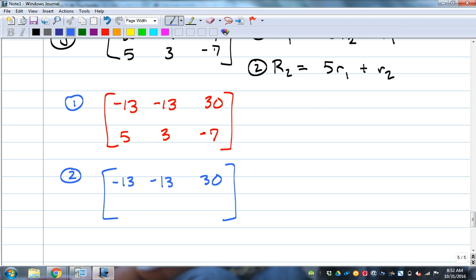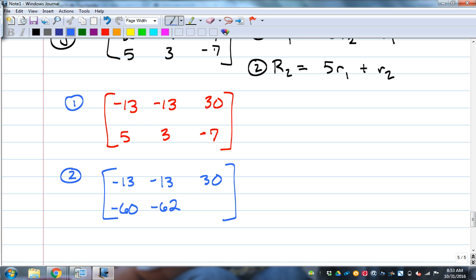Now, it's 5 times row 1 plus row 2. All right, so 5 times -13, -65 plus 5 would be -60. Okay. And then we got a -65 plus 3, -62.